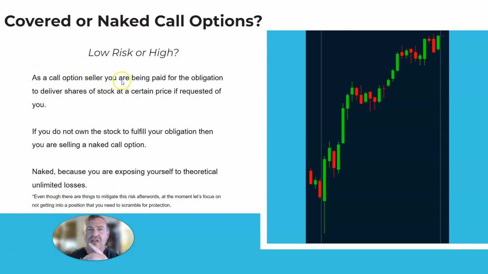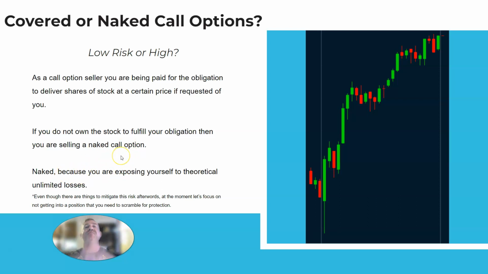As a call option seller, you are being paid for the obligation to deliver shares of stock at a certain price if requested of you, which is normally the stock closing above the strike price at the end of the expiration date. If you do not own stock to fulfill your obligation, then you are selling a naked call option.